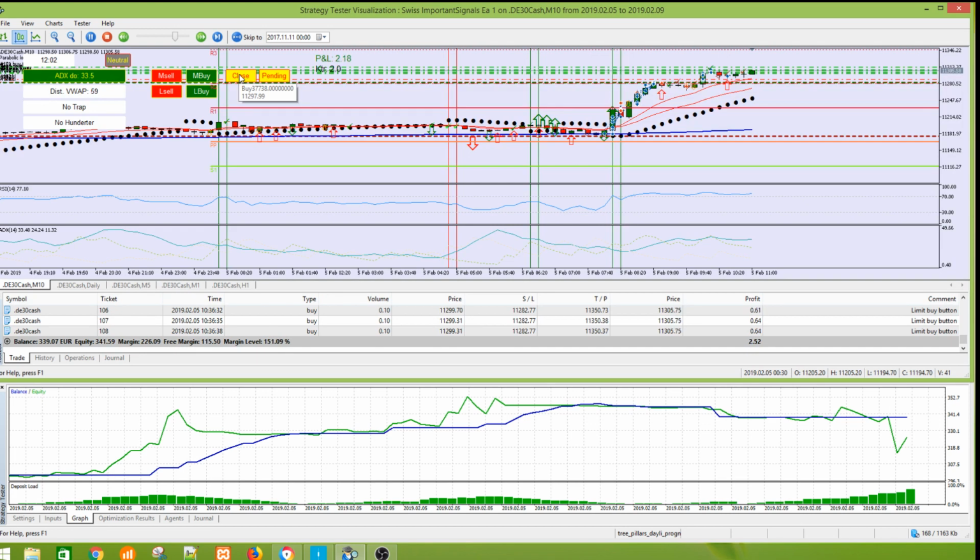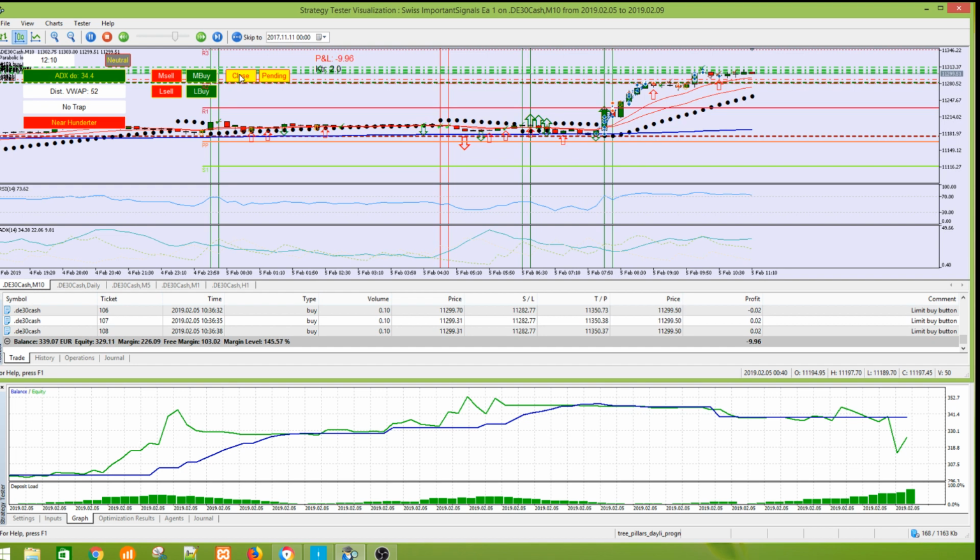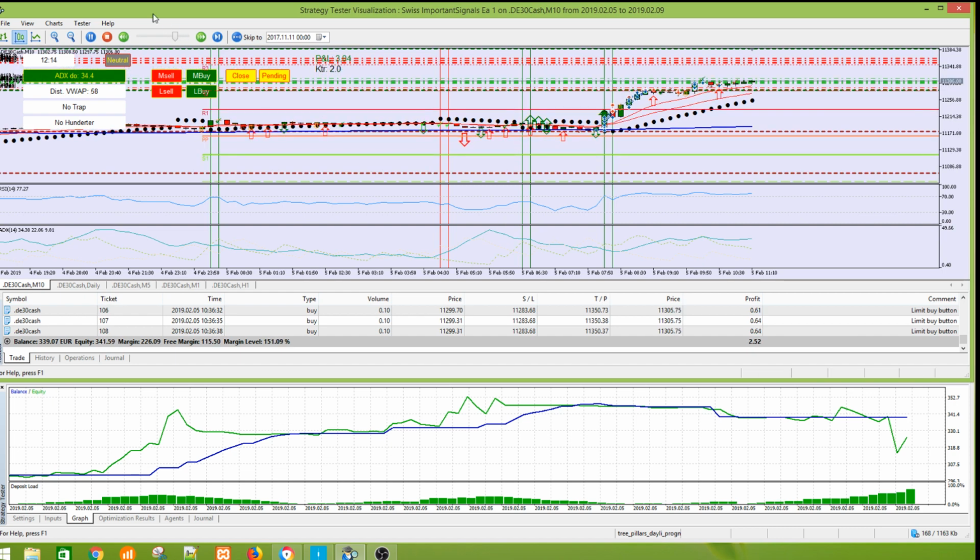Now we're again over the 100er. Here we see we have practically no movement, but we are only after 12 o'clock.